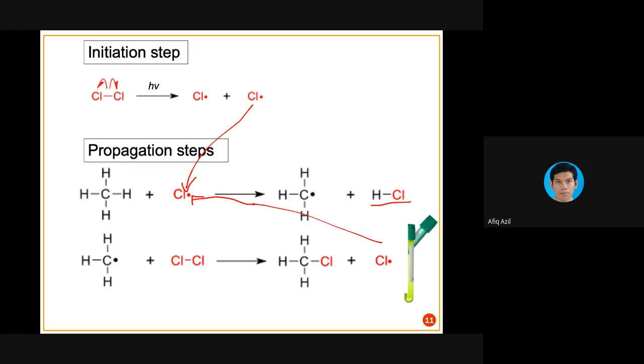This step will proceed until all of the alkane is consumed, meaning finished. This step is also known as the chain reaction step, because once you have this free radical, it will keep on continuing to react with the alkane.